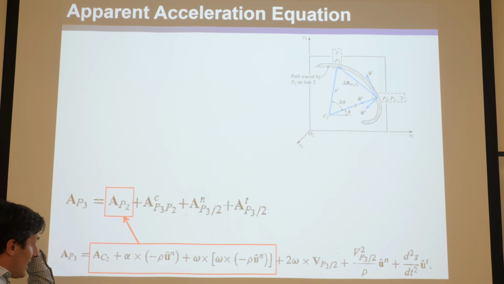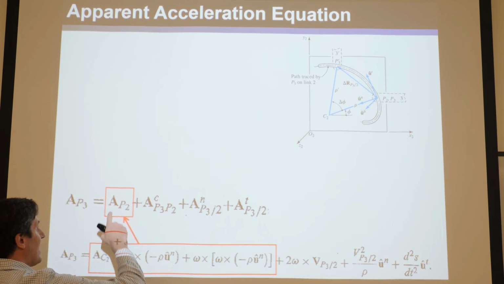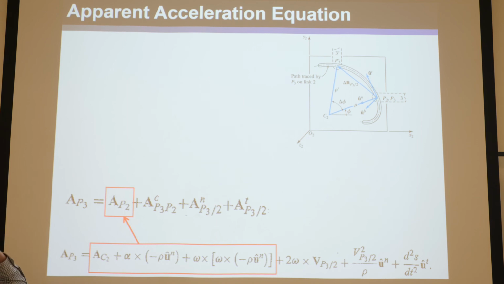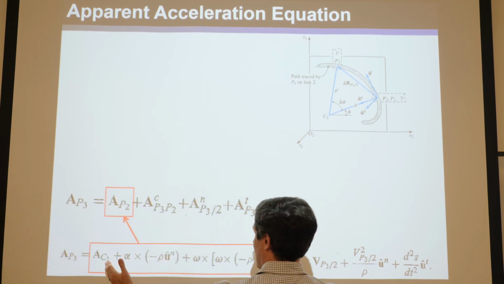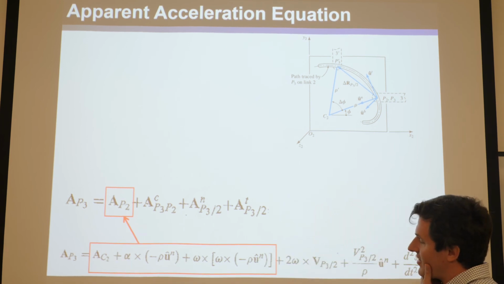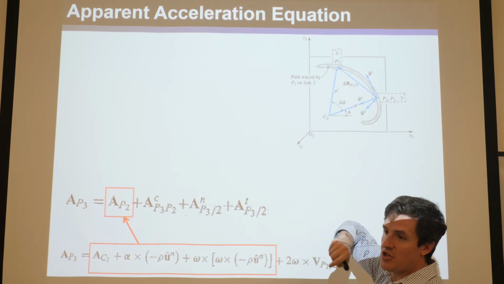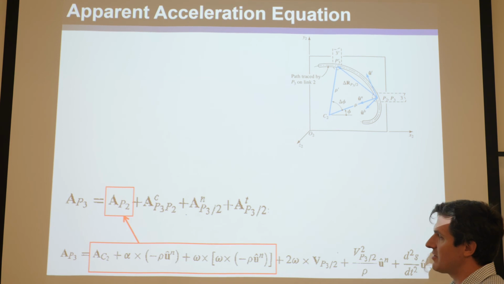First of all, I want you to note this entire thing in red here is the acceleration of P2. So think about it. This right here is essentially the acceleration difference equation, where we want to step from knowing an acceleration of c2 to the acceleration of p2 below p3 that's coincident with it, right?